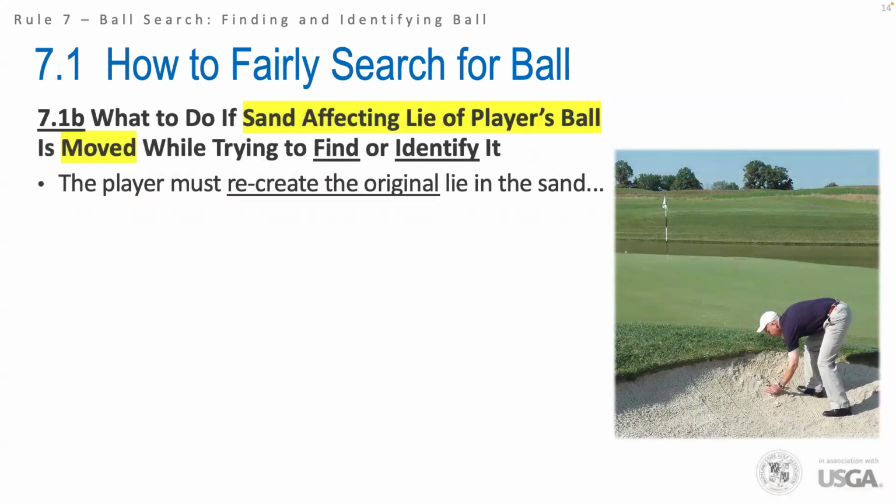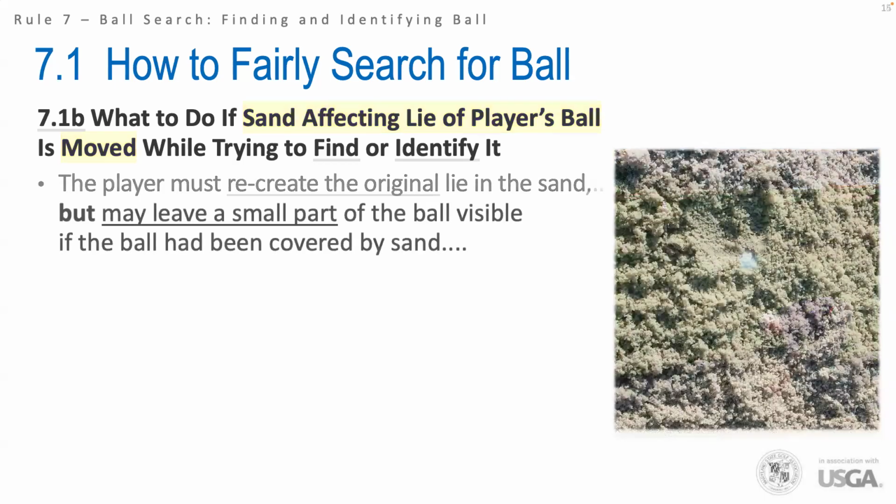So here we're going to see what to do if sand affecting the lie of the player's ball is moved while trying to find or identify it. Here we're going to need to recreate the original lie in the sand, but you can leave a small part of the ball visible if the ball has been covered by sand. So here we see in this picture, obviously this was a really plugged golf ball within that bunker.